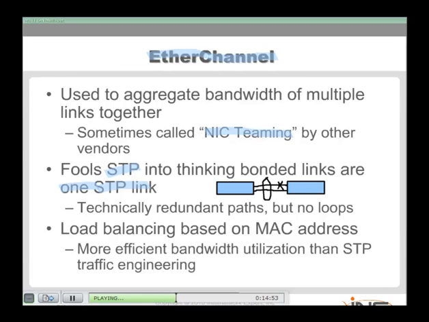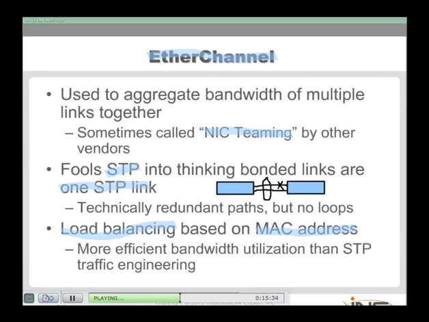Now, one of the things that we love about EtherChannel is the fact that Cisco will, of course, load balance across the actual physical links in that bundle. As designers, we need to be aware of the fact that that is going to be based off of the MAC address that we're trying to communicate with on most Cisco Catalyst platforms. On most of your platforms, it is going to default to the MAC address for the load balancing decision.